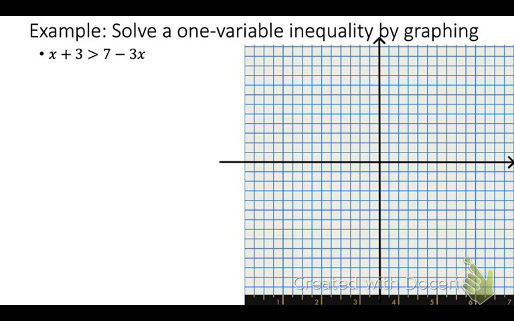So on the left, what's my y-intercept? 3. 3, and what's my slope? 1, right? Yeah. Oh, this is going to bug me if I don't do it right.